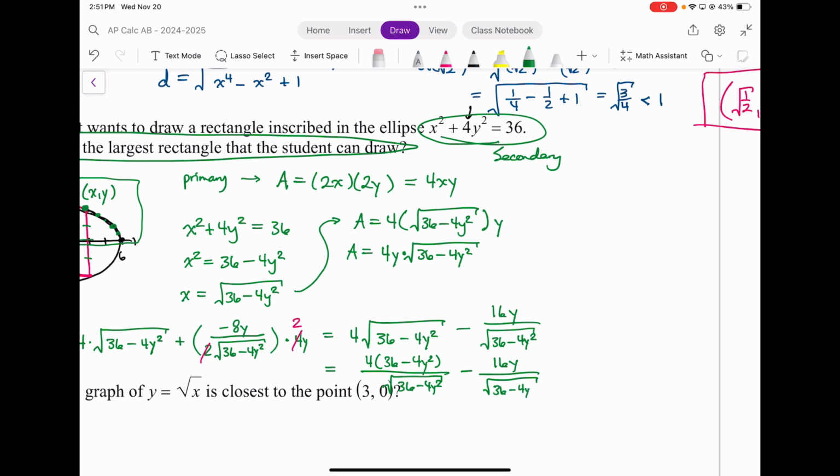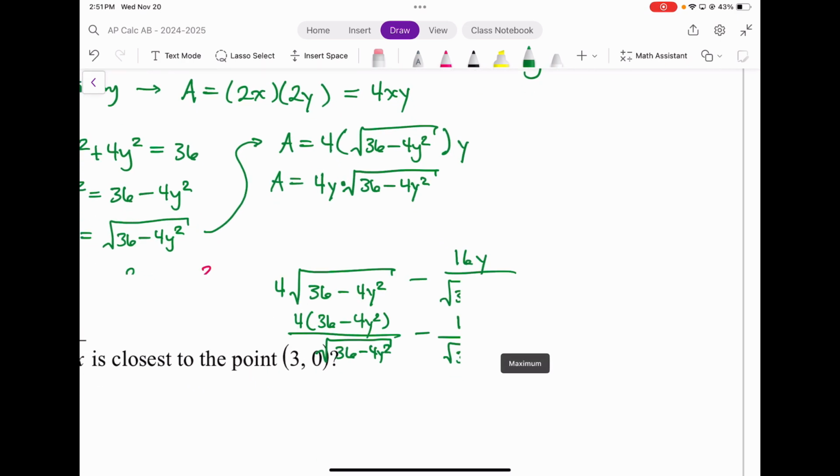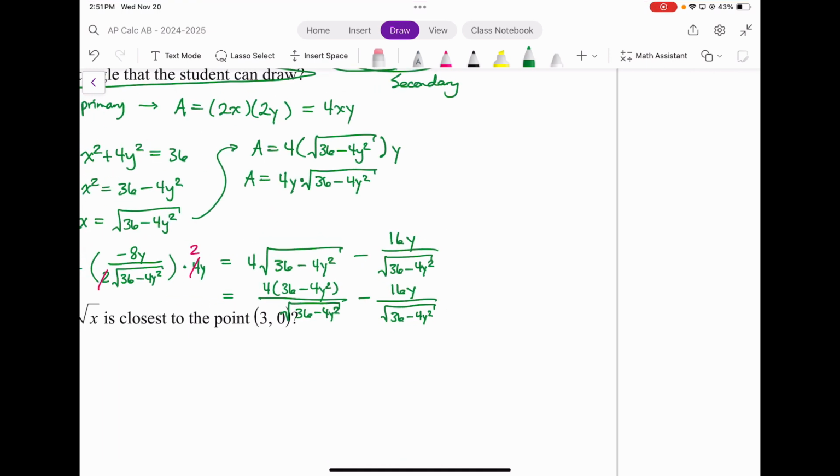This is where you've got to really lock in and just keep following the equations here. Okay. So, what are we left with? Let's distribute the 4. Let's combine some like terms if we see them. I don't see any.